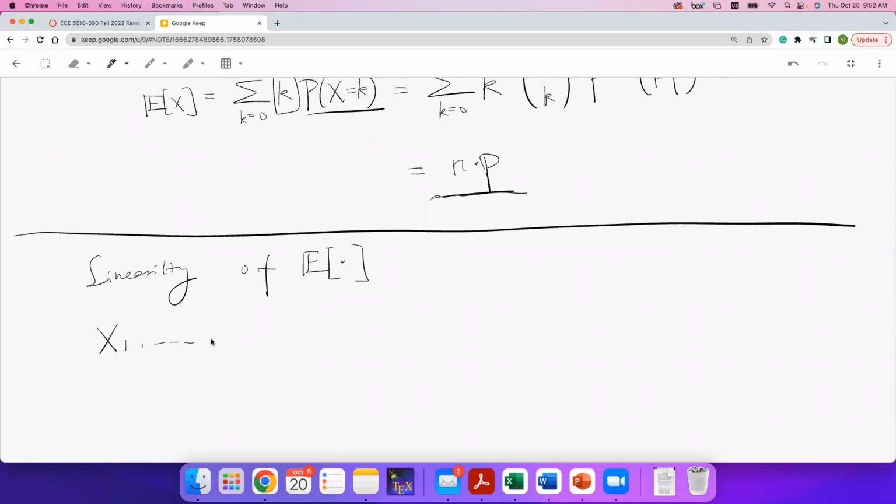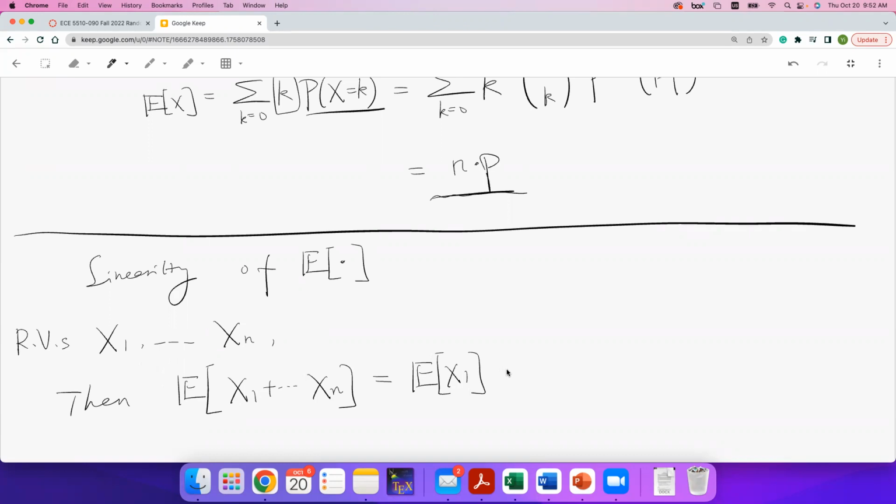If we have a bunch of random variables, then we have the expectation of the sum equals the sum of the expectations.